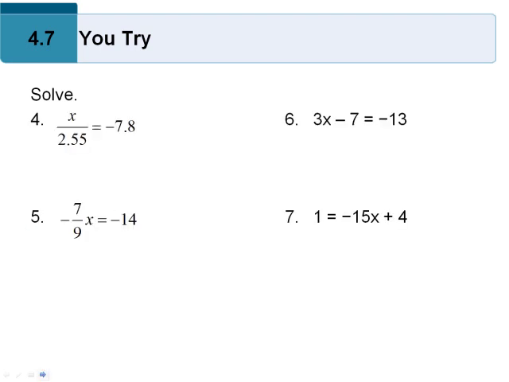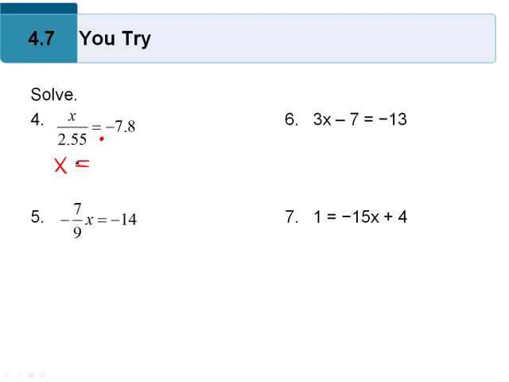Number 4. This is where I had to get my calculator out. So let's see. This is in shortcut format. We have x over 2.55 equals negative 7.8. So I can just multiply those two numbers together. 2.55 times 7.8.